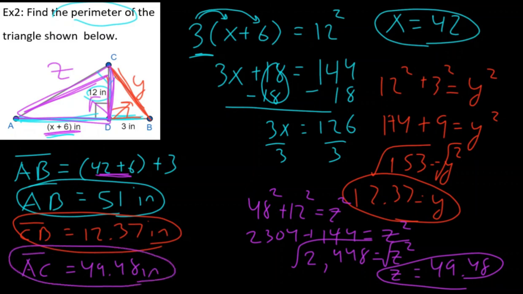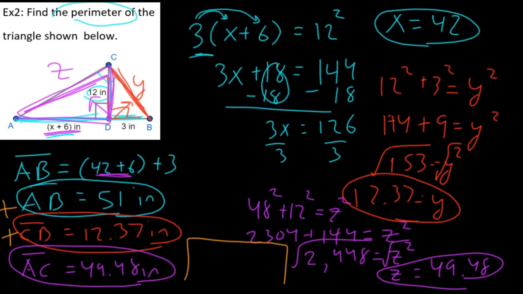Now notice, we're trying to find the perimeter. So let me once again go back to this almost UT burnt orange. For the perimeter, you simply have to add all three of these numbers. I'm going to clear myself off a nice little space here. Let's see, what is 51, which was our AB, plus 12.37, which was CB, plus 49.48.